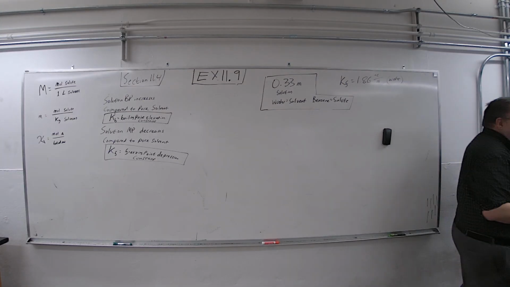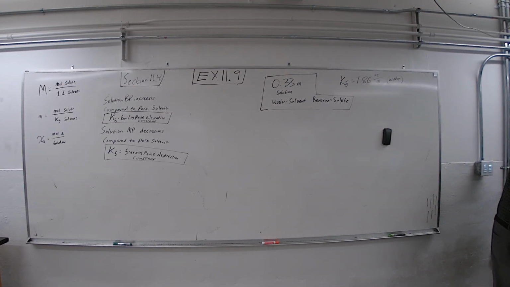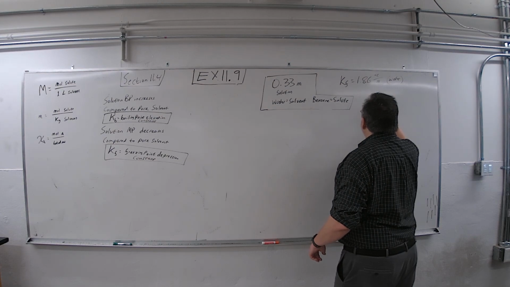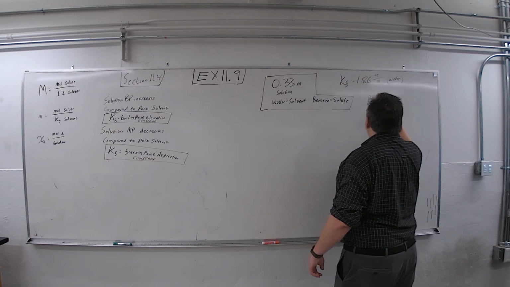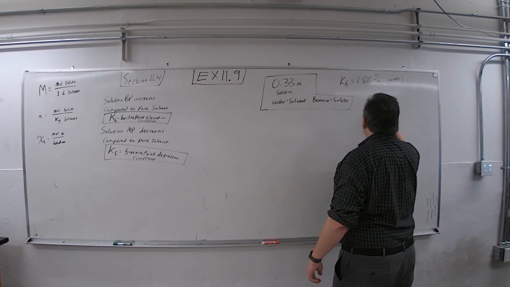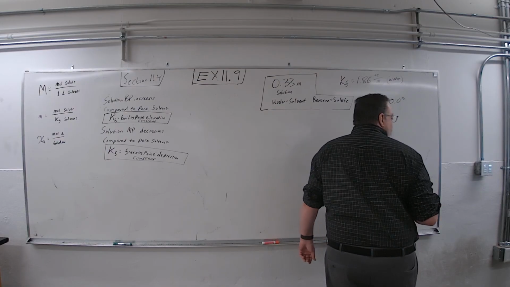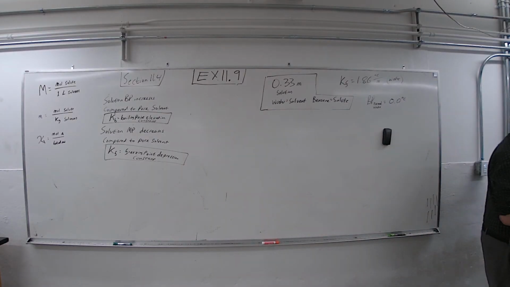So I'll give you that in the problem. And I suppose I'll give you this too. Boiling point normal for water. Probably already know that. Water freezes at 0 degrees C, boils at 100 degrees C.